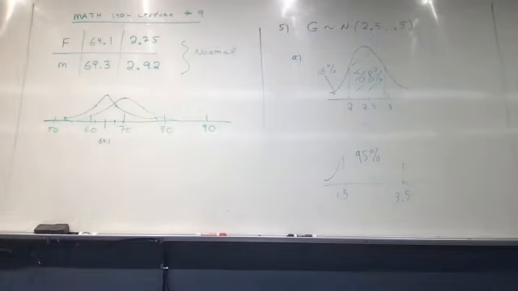Again, it's just a sketch. The idea is have the means in the right place, have the male mean slightly lower than the female mean, and have the male graph slightly wider in terms of how it's spread out than the female graph. The rest of it's just a sketch. It's not going to be perfect.